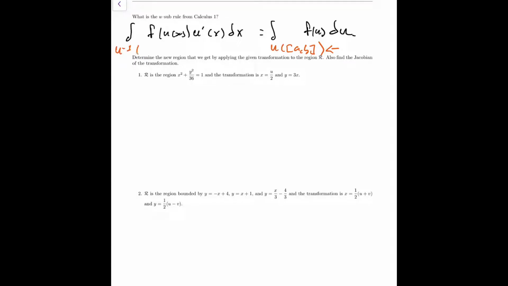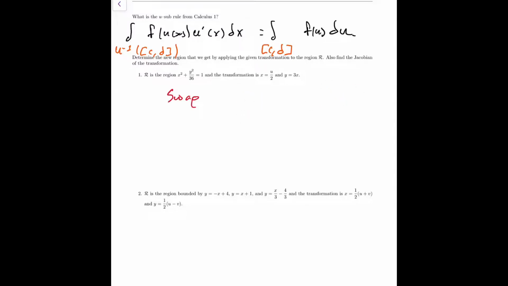And so on the left-hand side, we're going to have u inverse of the interval c to d, and on the right-hand side, we're just going to have the interval c to d. To be a little more precise, we're saying that u of a is equal to c and u of b is equal to d.